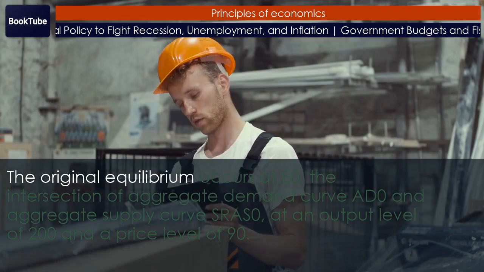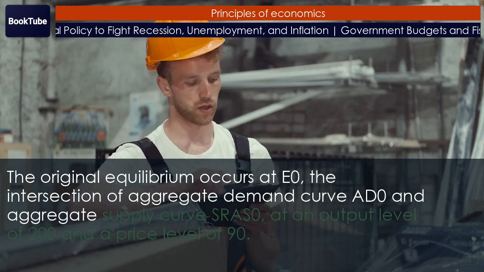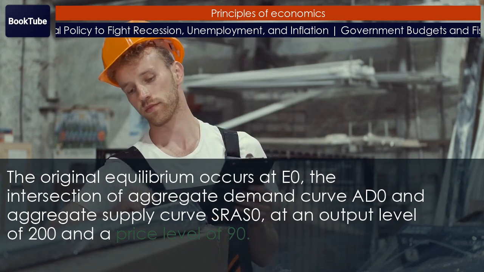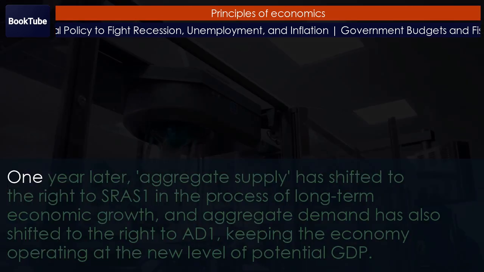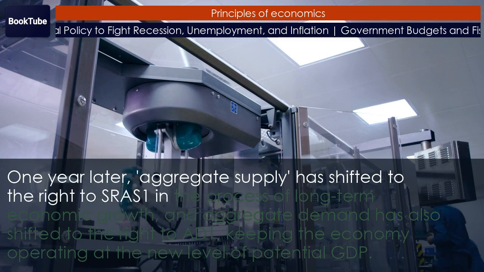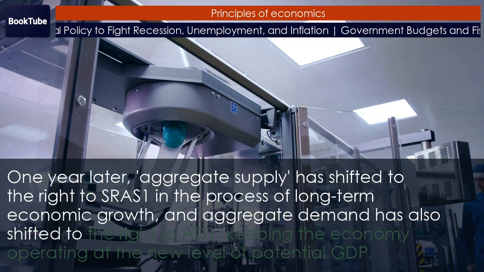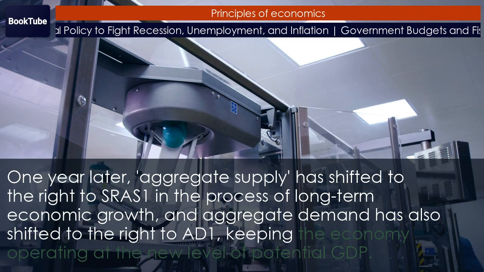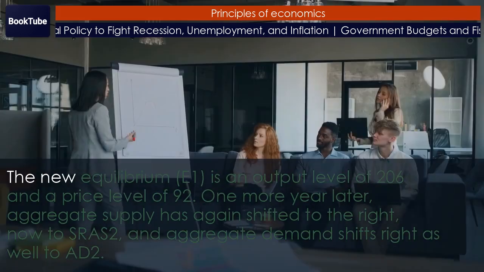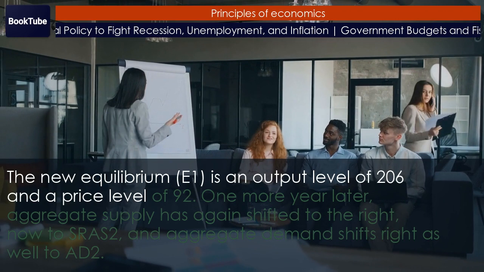The original equilibrium occurs at E0, the intersection of aggregate demand curve AD0 and aggregate supply curve SRAS0, at an output level of 200 and a price level of 90. 1 year later, aggregate supply has shifted to the right to SRAS1 in the process of long-term economic growth, and aggregate demand has also shifted to the right to AD1, keeping the economy operating at the new level of potential GDP. The new equilibrium, E1, is an output level of 206 and a price level of 92.